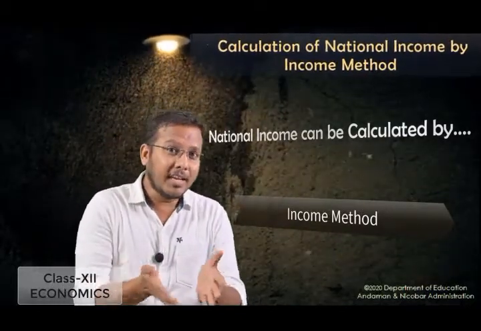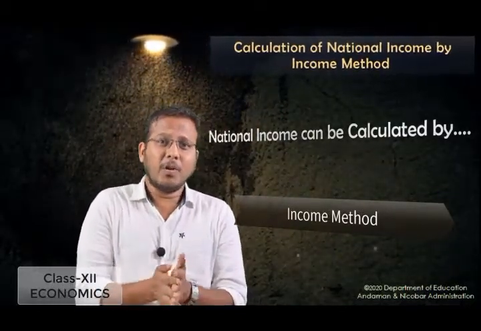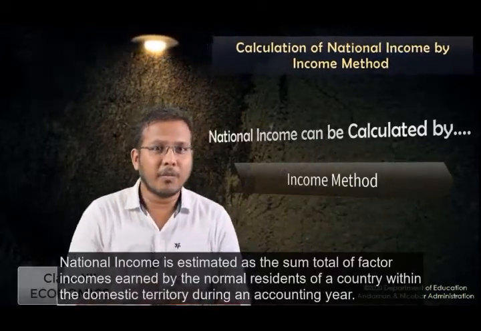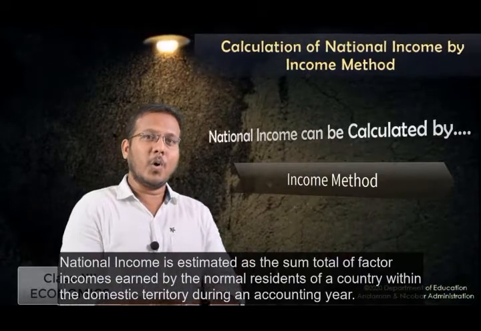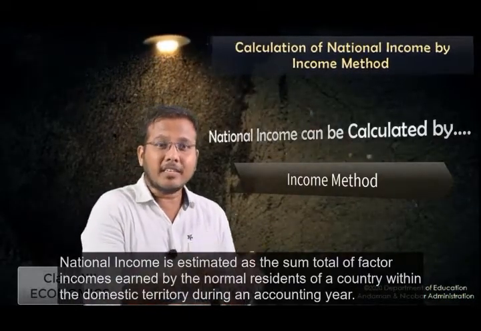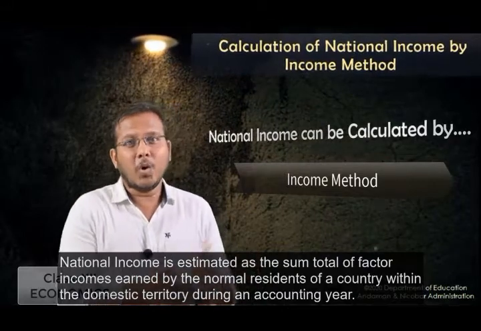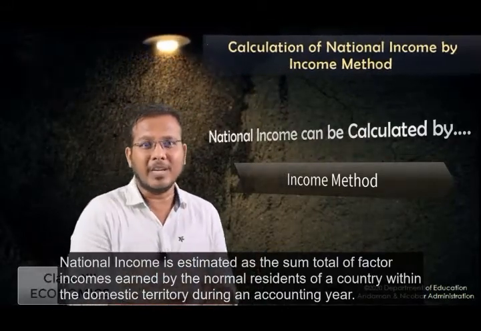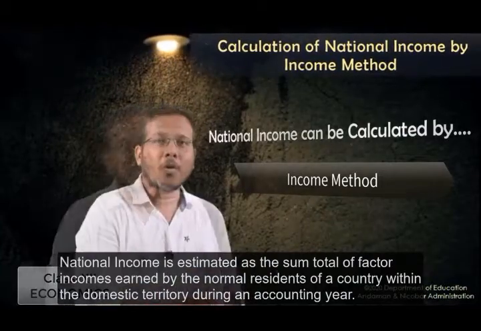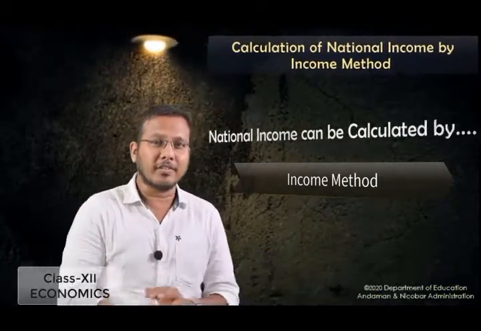In the income method, the national income can be calculated by getting the value of all the factors of production. That is the factor incomes earned by all the factors of production in the economy, which are involved in the process of production for producing goods and services.